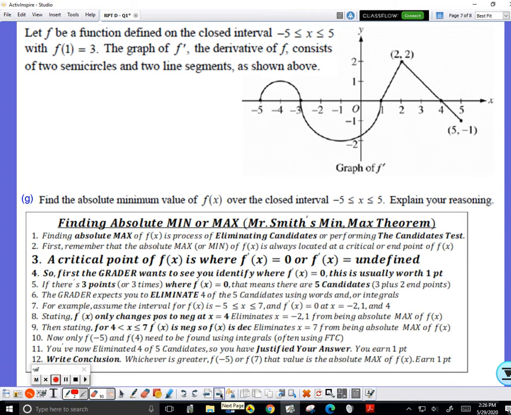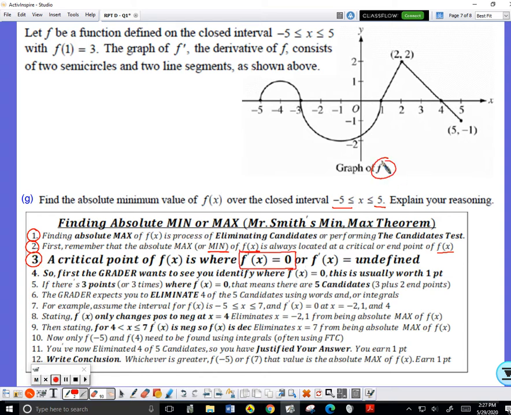Find the absolute minimum value of f over the interval. So we're going to follow this procedure again. Finding absolute min in this case of f is the process of eliminating candidates. Okay, step 2. The absolute min of f is always located at a critical point or endpoint of f. Step 3. Critical point of f is where f prime is equal to 0, or f prime is undefined.